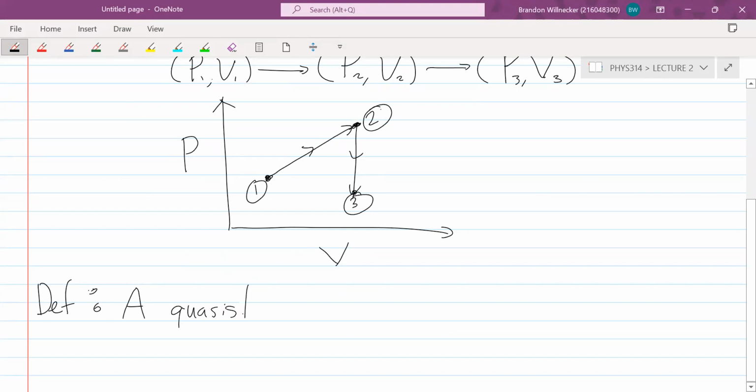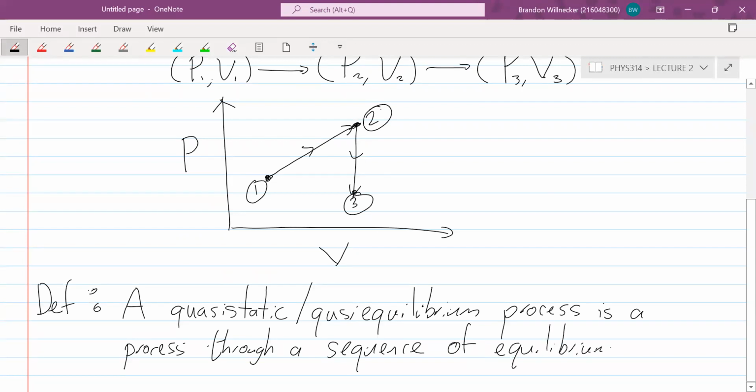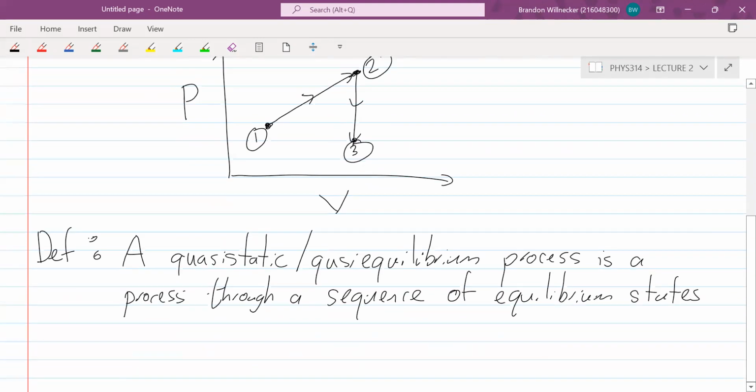So a quasi-static, or quasi-equilibrium, process is a process through a sequence of equilibrium states, and we know what that means, where we nudge the system from one state to another.